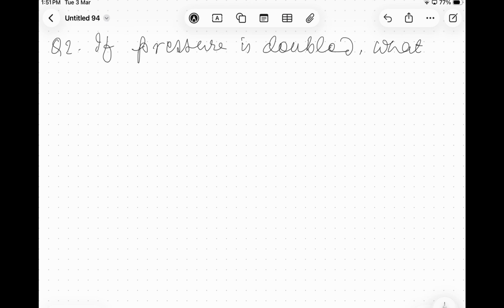Let us take another question. Question number 2. If pressure is doubled, then what happens to solubility?